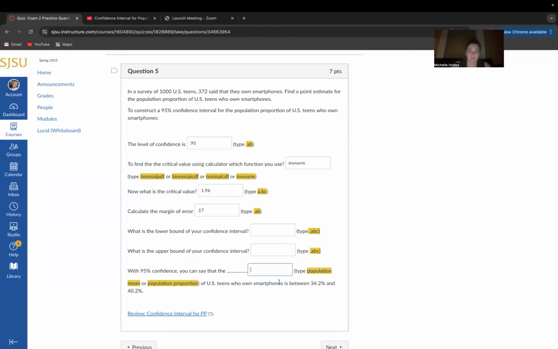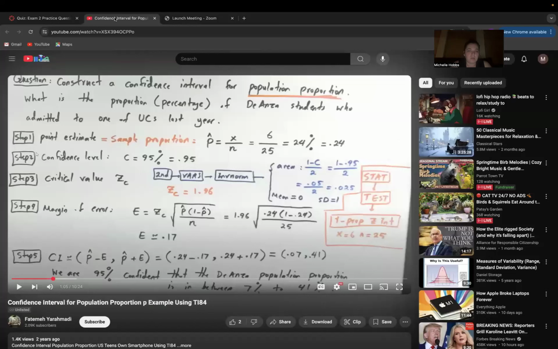It's going to be population proportion. And then the lower is, I gotta find that. I feel like the lower is here, and this is the upper, 0.07 and 0.41.